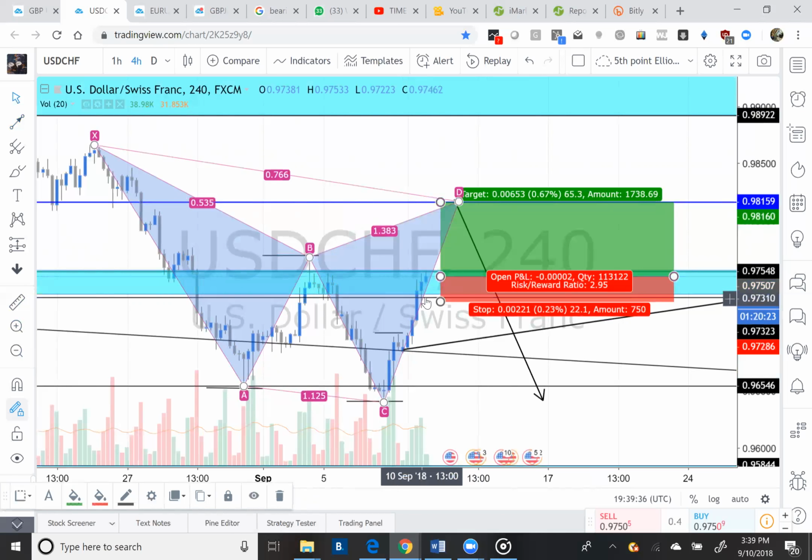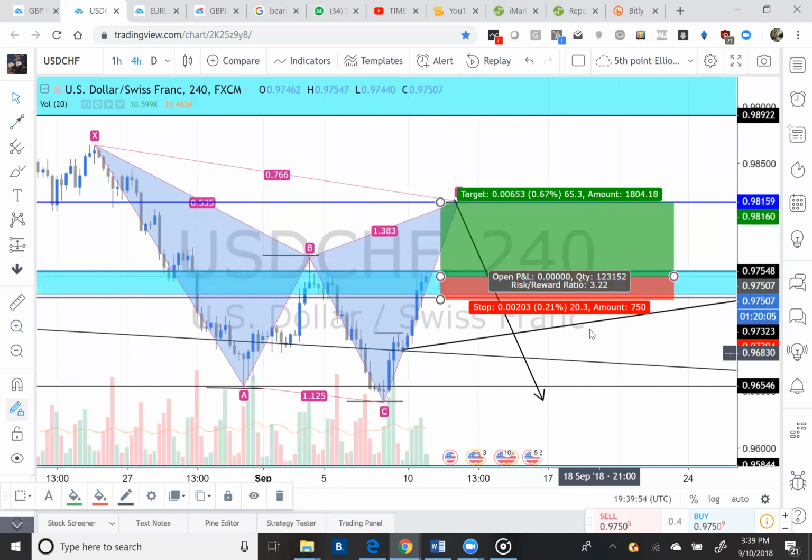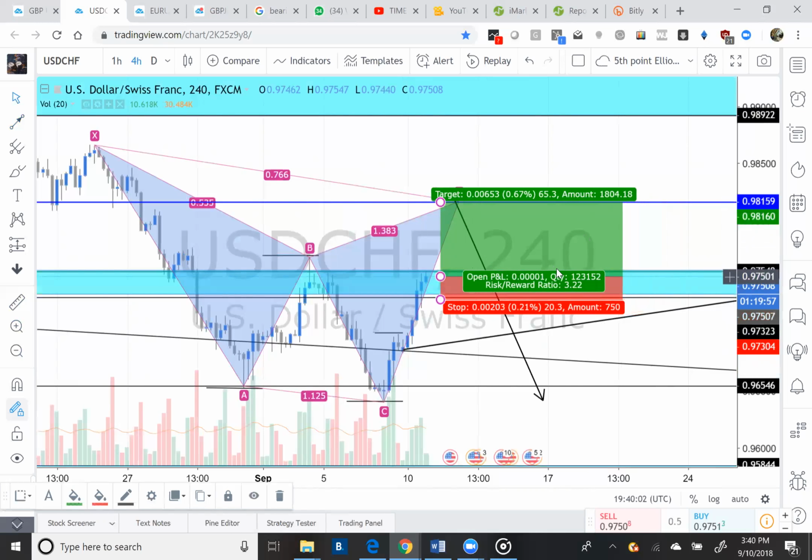Price did come back and test and found support here, just as it did here, so I don't expect it to come back quite down here before it goes up. So I'm putting a stop loss of just about 20 pips for that 65.3 pips. So the stop loss will be 0.97304, and the take profit will be 0.98159.